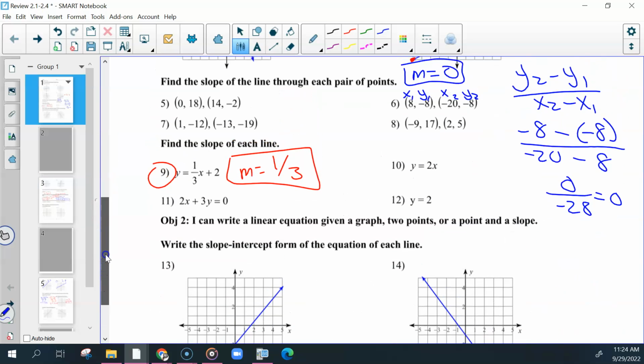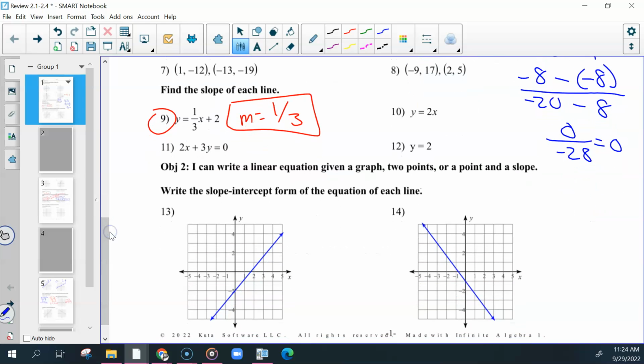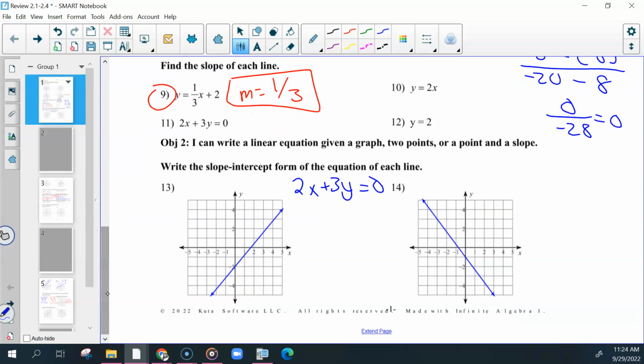Right. Back in our slope, I'm going to do this down here because I don't know how this is. We can't determine what the slope is from here. We have to convert this back to slope-intercept form. So we need to rewrite this. We can get rid of the 2x by subtracting it to the other side. Again, you can put the plus 0, you don't need it though.